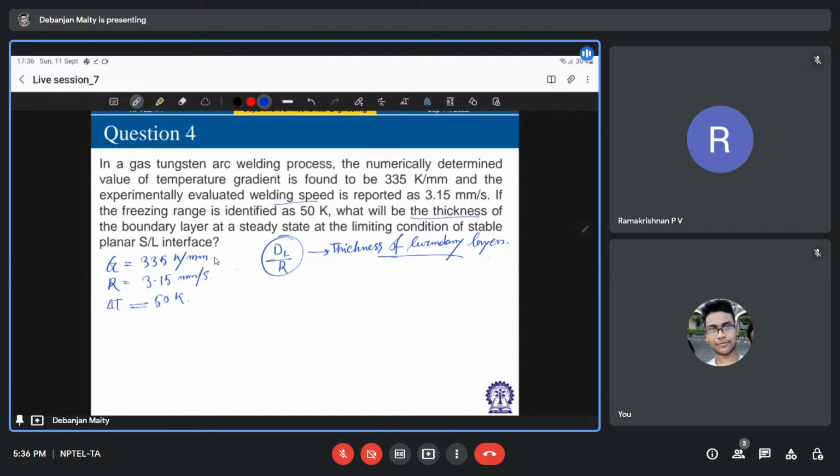We know that for a stable planar solid liquid interface, G by R happens to be greater than or equal to delta T by DL, where my G by R is 335 divided by 3.15, that equal to 50 divided by DL, right? What will be the DL?